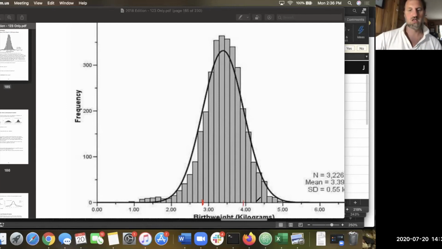Okay. Now, what I like to do is I try to count how many babies we have. How many babies are in this bar? How many babies are in this bar? How many babies are in this bar? And to do that, you've got to read off of the graph, which I think is good practice for being comfortable with graphs and how to make sense out of them.